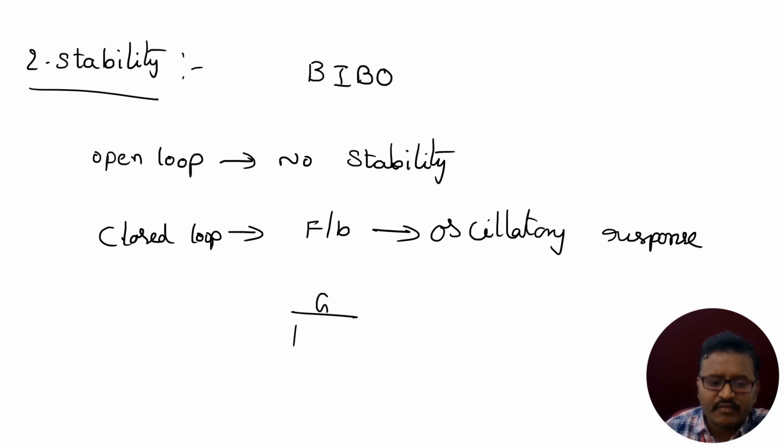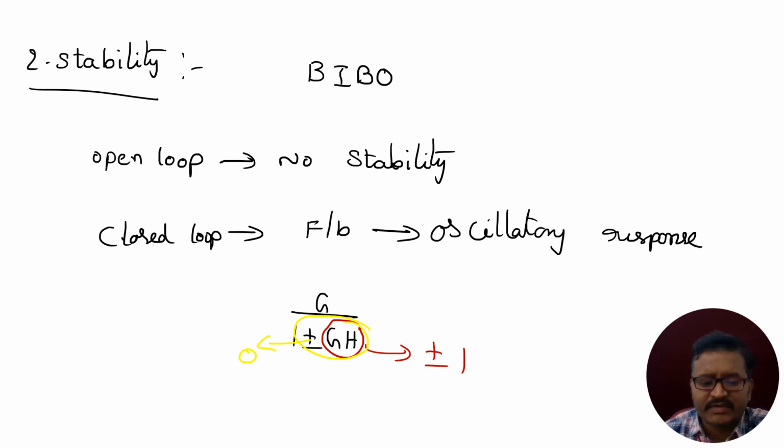Take G by 1 plus or minus GH. If this GH quantity happens to be plus or minus 1, then the whole denominator becomes 0, and 0 means a gain of infinity.